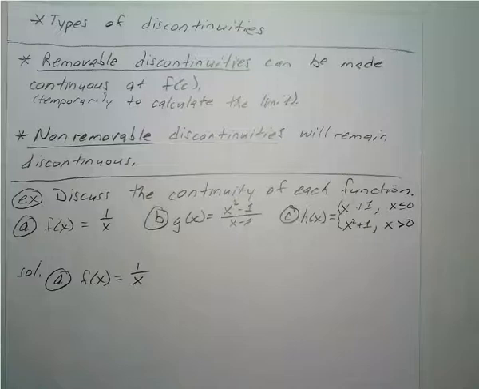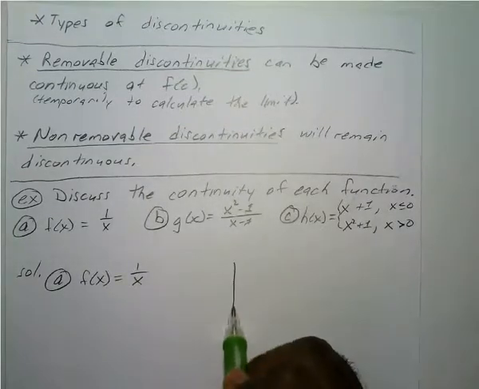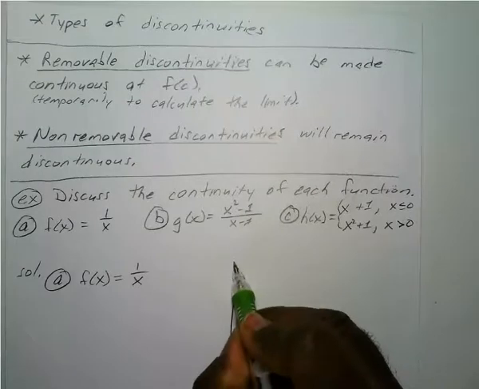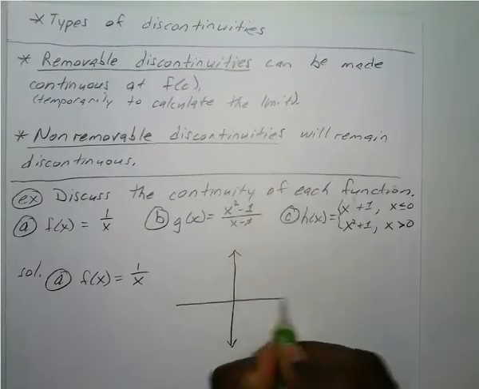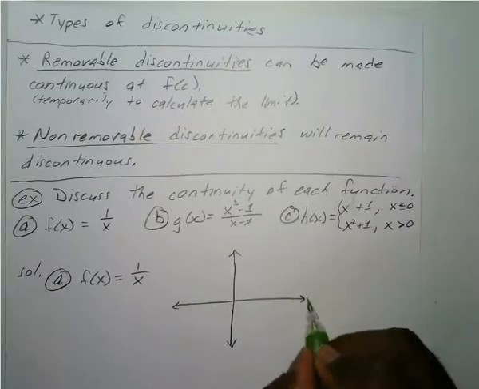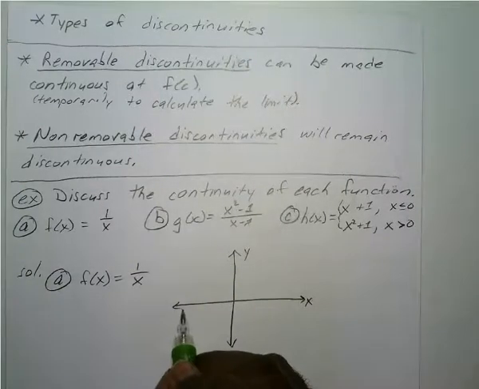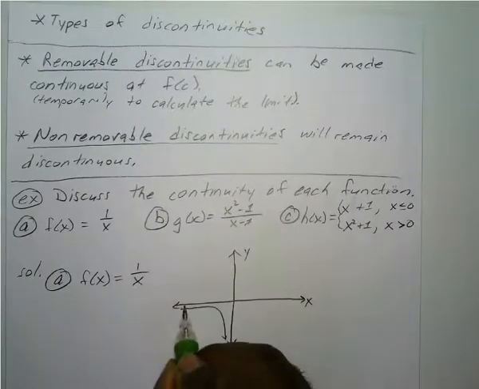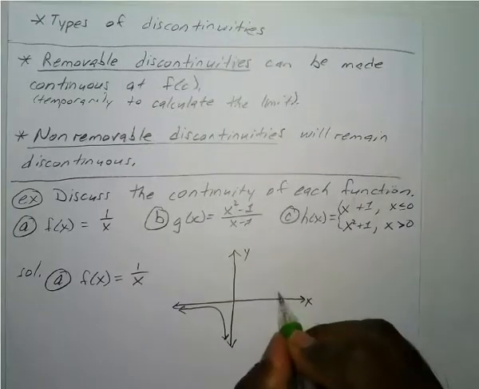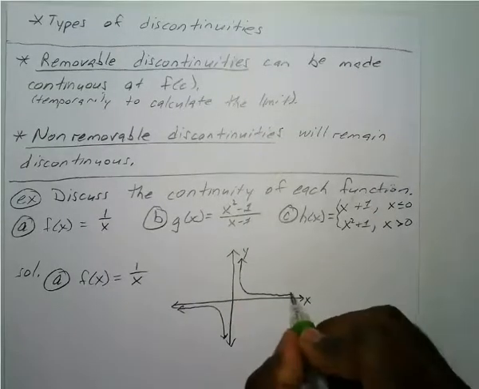Okay, so if we look at the graph and get our x and y axis, if we graph this, we'll see that it kind of looks like this, and it goes in that direction.